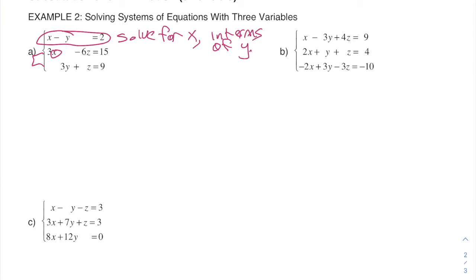There's no wrong way of doing this, but I'm trying to solve for a specific variable, and that way I can create 2 equations and 2 unknowns versus 3 equations and 3 unknowns, which is really hard to solve. So looking at this top equation, it becomes x equals y plus 2.